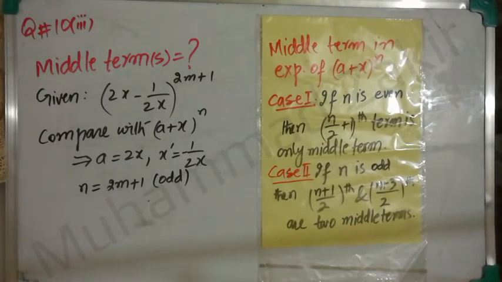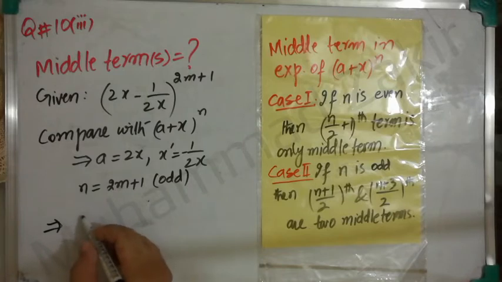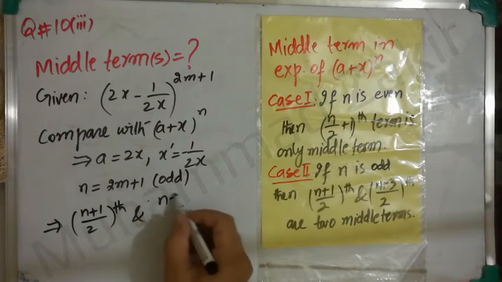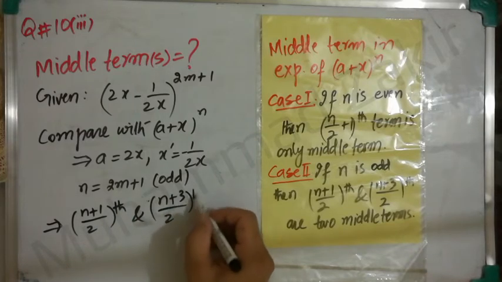Okay, so when n is odd, these two can be possible middle terms. This implies the (n+1)/2th and (n+3)/2th terms.